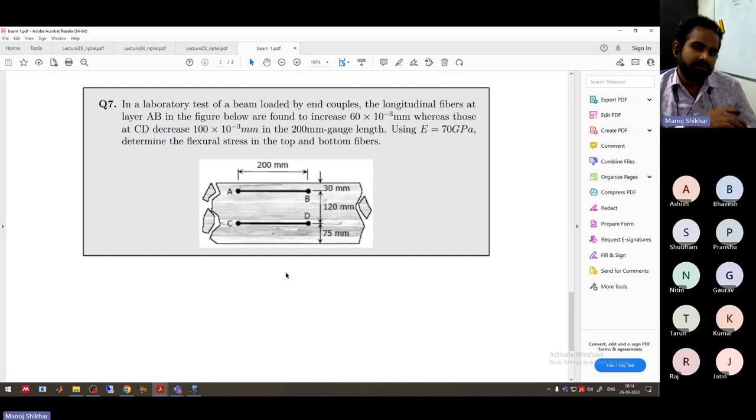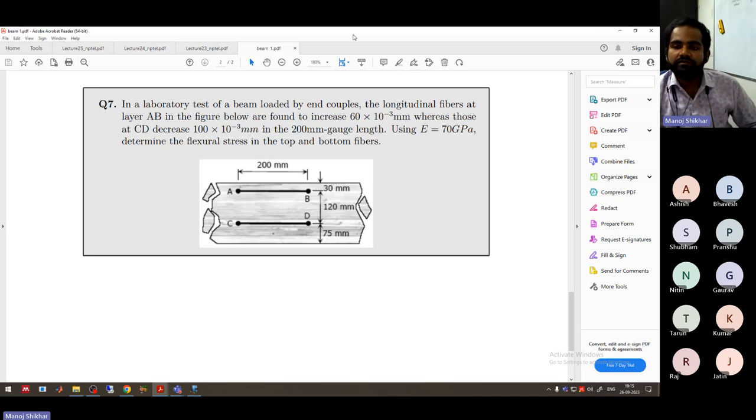Now in this question, one interesting thing is that we don't know where the neutral axis is, because we don't know the exact cross section. The shape of the cross section is not mentioned in the problem, so we cannot assume that the neutral axis will be at the center.